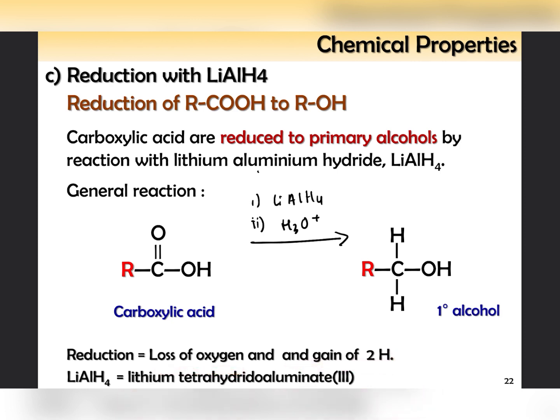So remember, any reduction, loss of oxygen and gain of 2 hydrogen. So at this carbon, it will lose oxygen, and this carbon will make a bond with hydrogen. So you get your primary alcohol, and it must be stepwise, lithium aluminium hydride followed by hydrolysis.